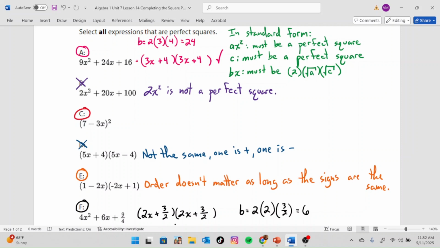And 3x plus 3x gives us 6x, so we're good there. And then 3/2 times 3/2 equals 9/4. So this is a perfect square because the factored form is 2x plus 3/2 multiplied by itself.